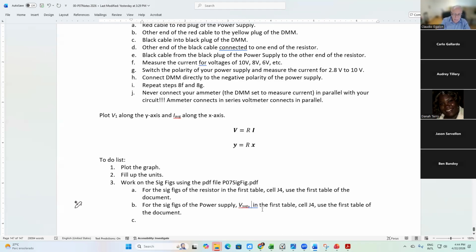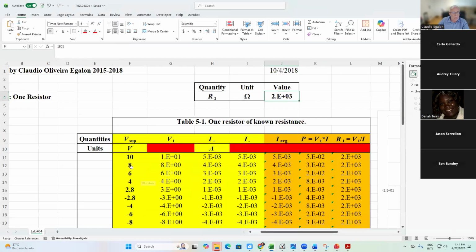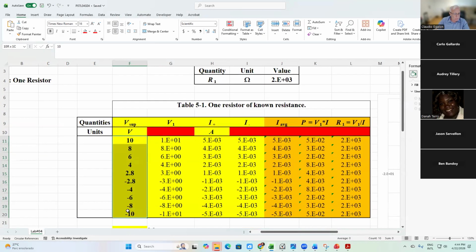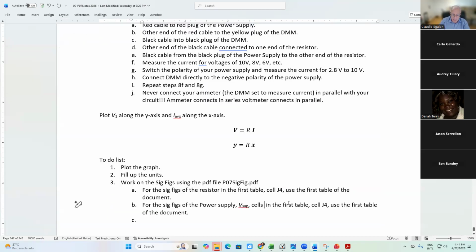Cells, here you go, F11 through F20, cells F11 through F20 in the spreadsheet.